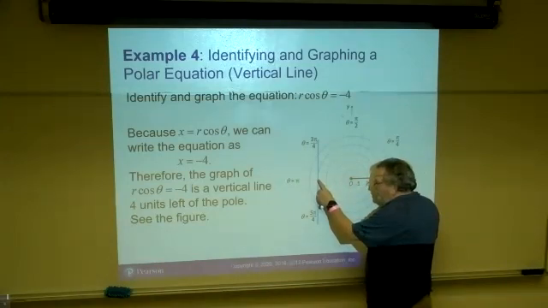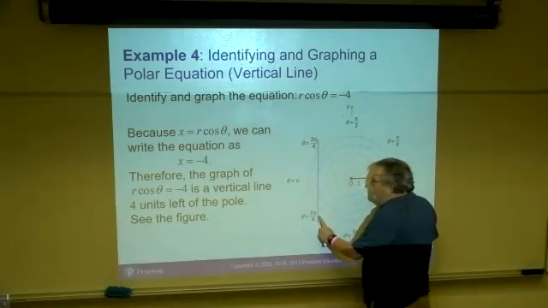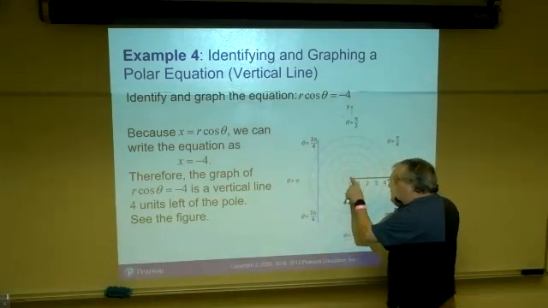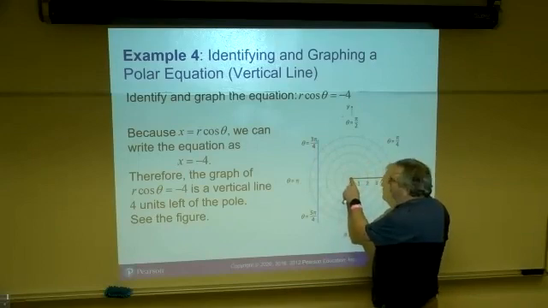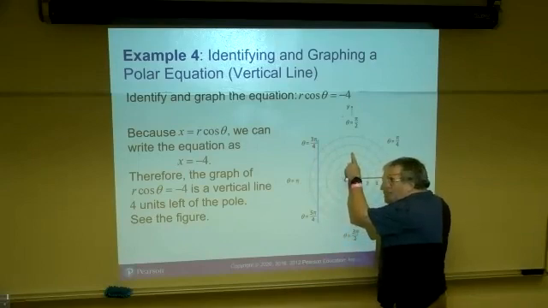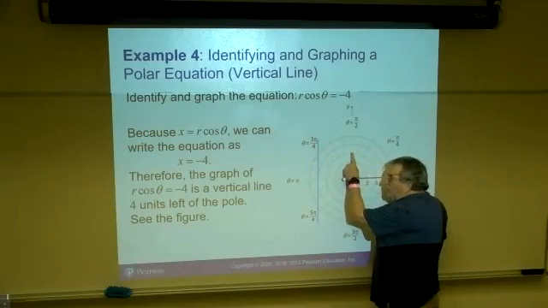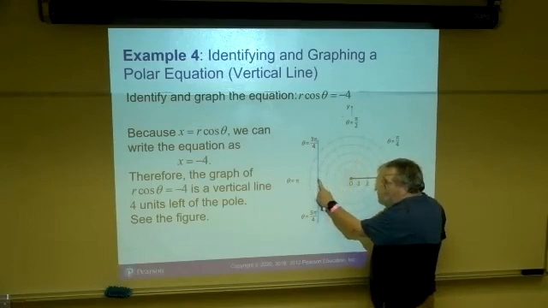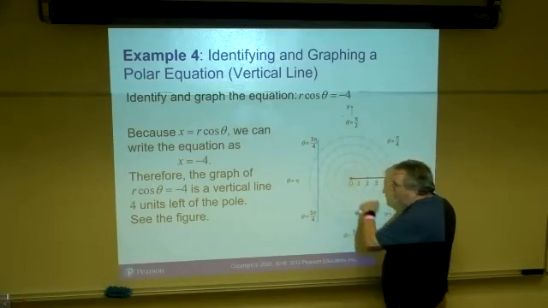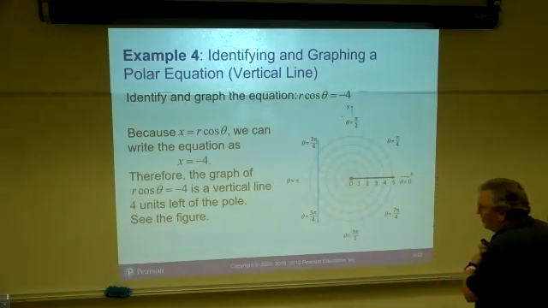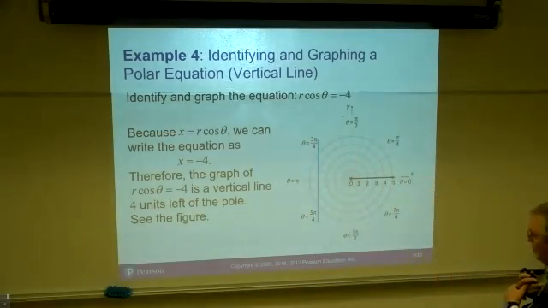Just like the other one was 3 units above the pole, this one is a vertical line that's 4 units left of the pole.